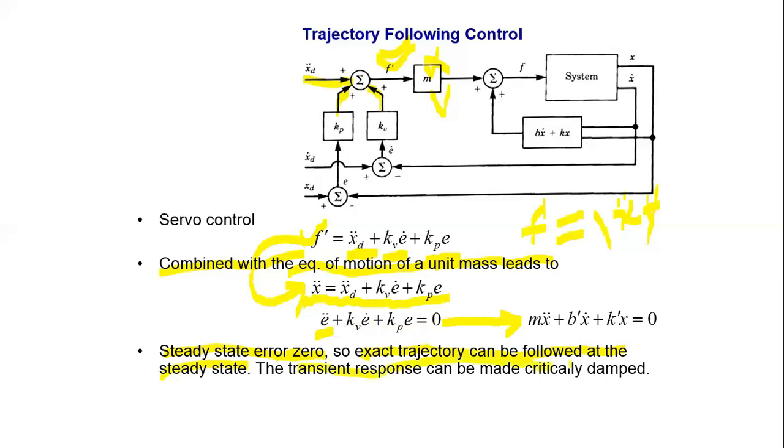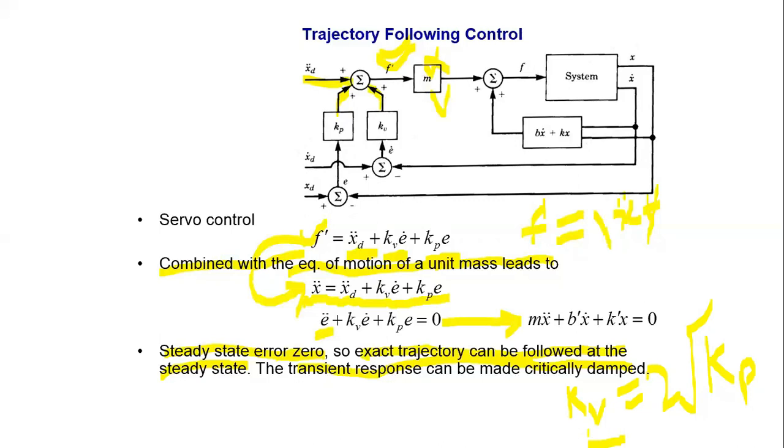The transient response can be made critically damped if you put kv equal to 2 root kp. If you are taking a system of unit mass free from any damping and stiffness, and you put kv equal to 2 root kp, then you can make the transient response critically damped.